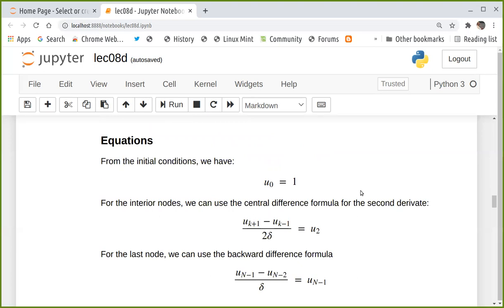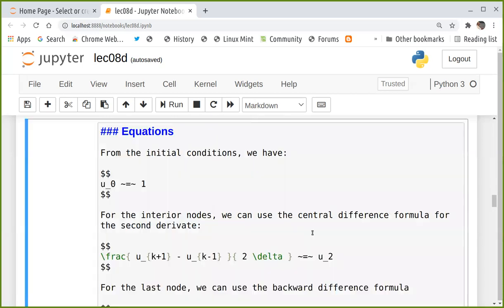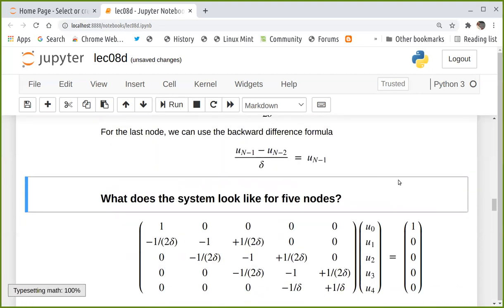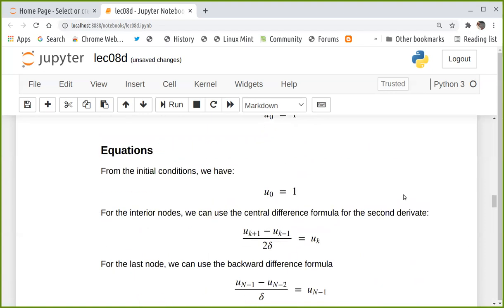For the interior nodes, what's the central difference formula? It's u sub k plus 1 minus u sub k minus 1 over twice delta is equal to, sorry, that shouldn't be u2. That should be uk. Is equal to uk. And then for the last node, you have to decide what to do.